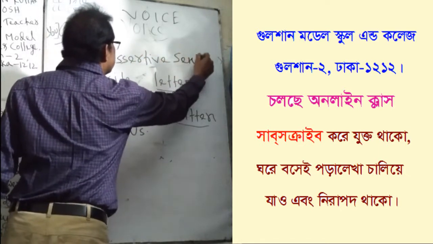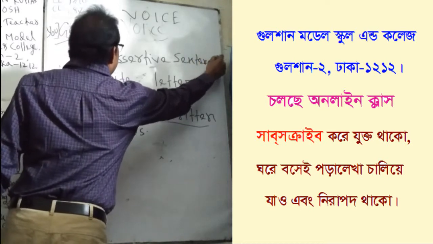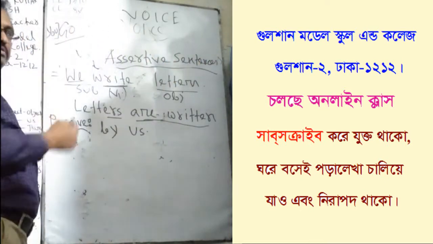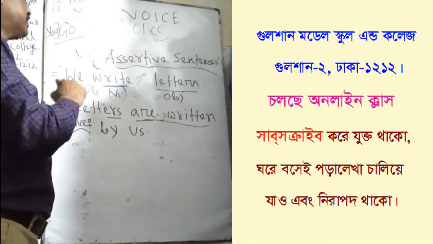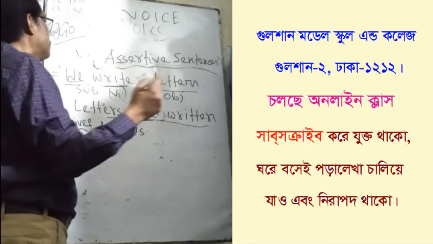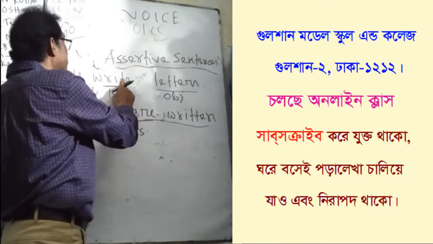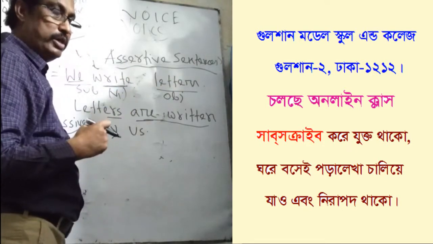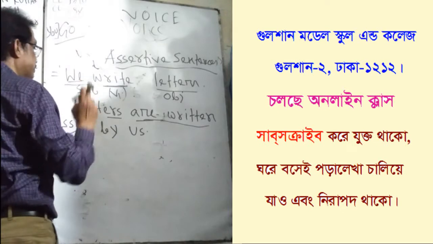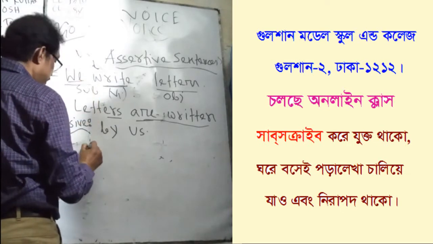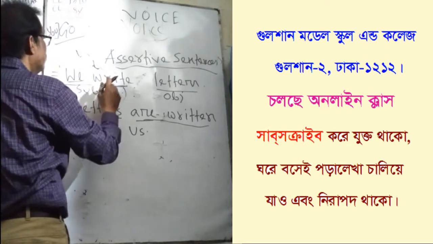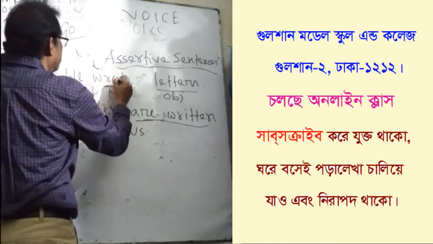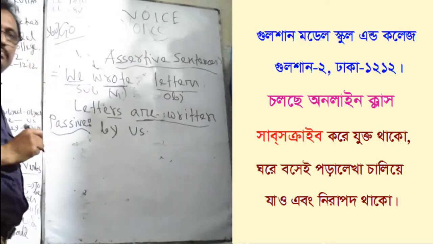You are changing an assertive sentence. The sentences in which the main verb takes an object are the ones that have voice. Assertive sentence. If you have been given we, you say we wrote letters.